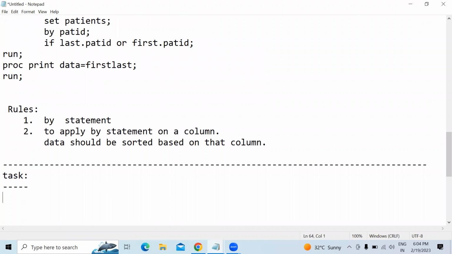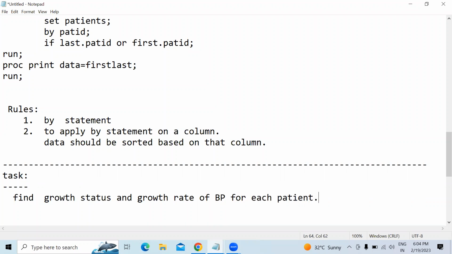Okay. Come to the next level task. Find growth status. What is the meaning of this task, tell me.